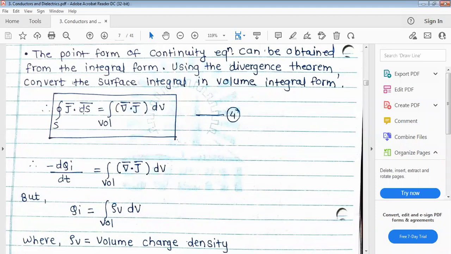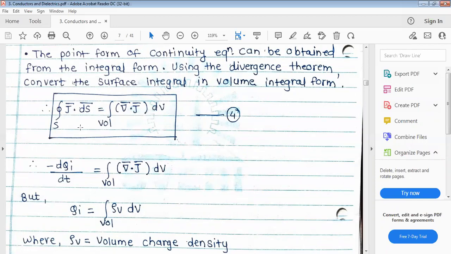And the divergence theorem is: closed surface integral of d bar dot ds bar is equal to the volume integral of del dot d bar into dv. Instead of vector d bar, we are using vector j bar here. So just replace this and you can write this equation. That is the divergence theorem.